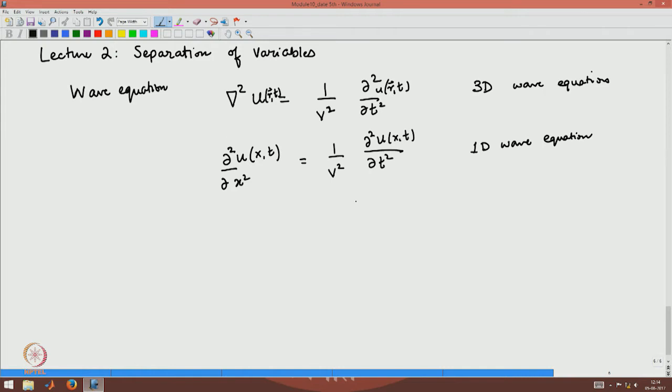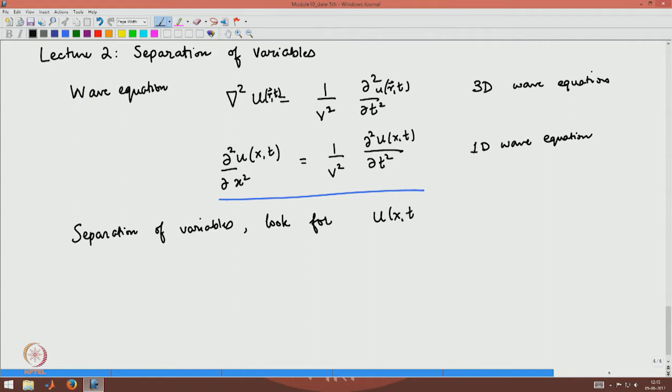Let us consider the 1D wave equation, and let us try to solve it by the method of separation of variables. So according to the method of separation of variables, we look for a solution u(x,t) that is equal to some function that is only a function of x times some function that is only a function of t.